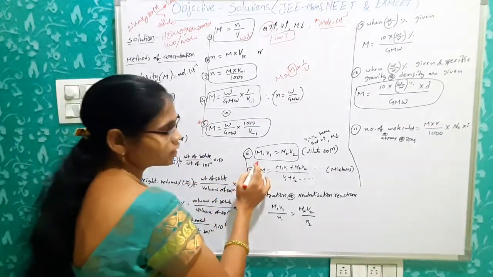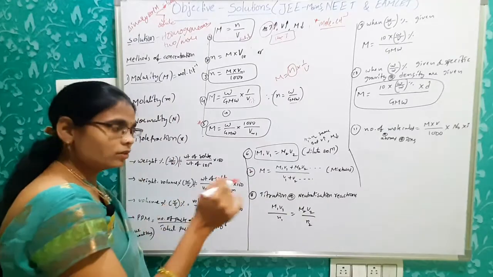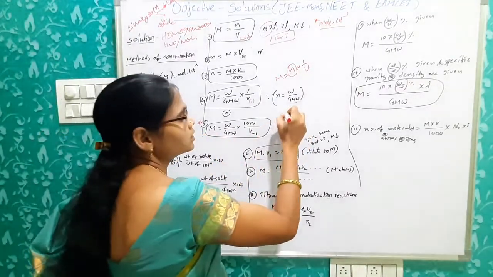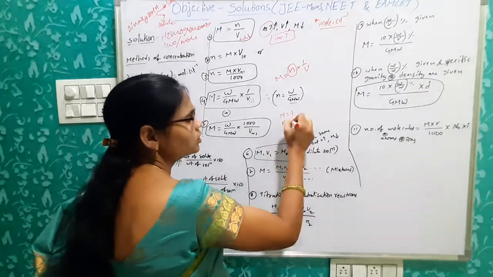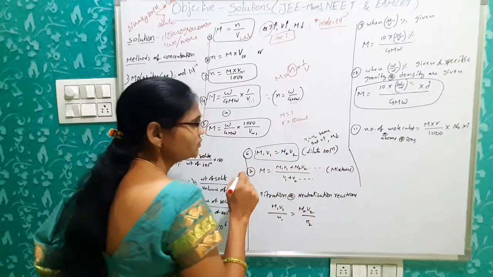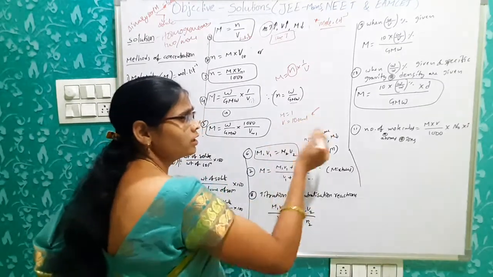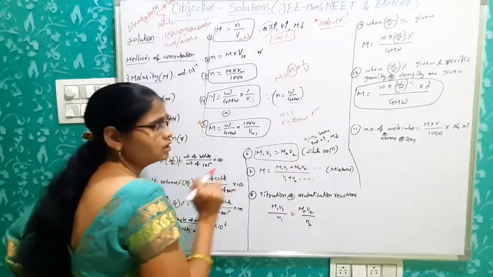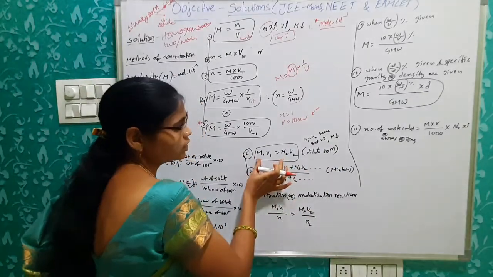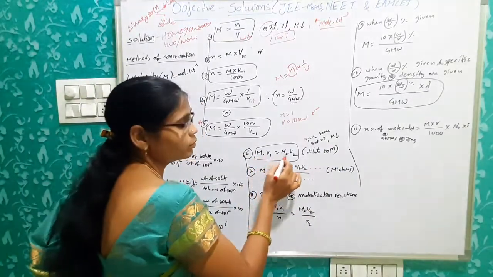Next, for dilute solutions. Suppose M is equal to 1 and the volume of solution is 100 ml. Then some more water is added, so the solution will be diluted. For a dilute solution, we can use M1 V1 is equal to M2 V2.